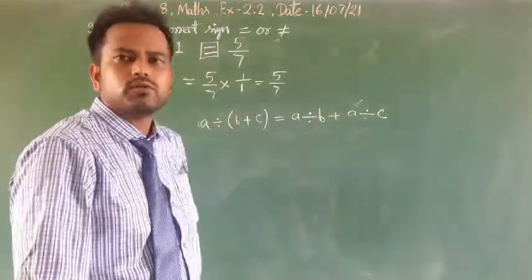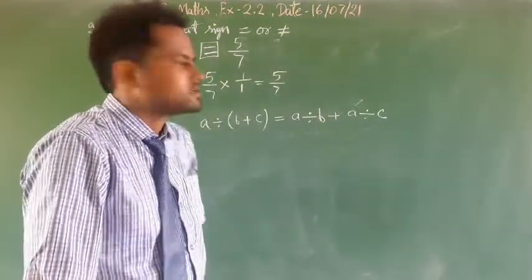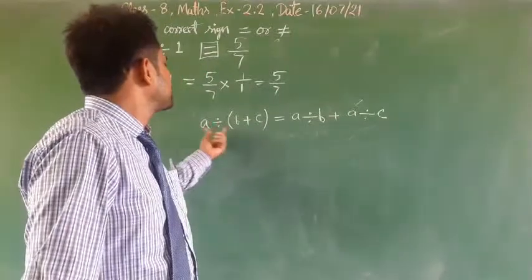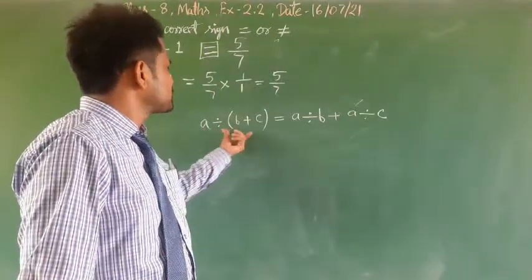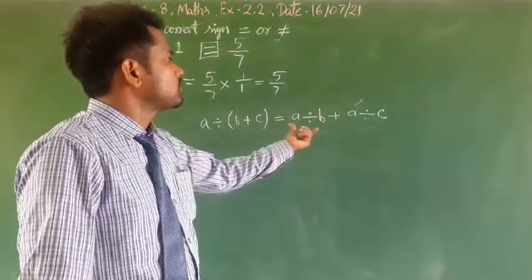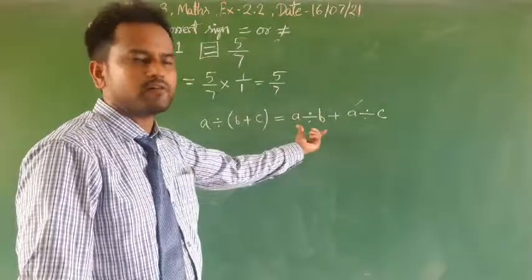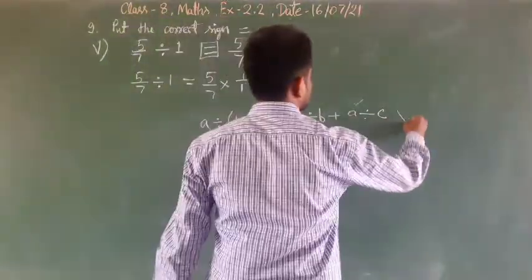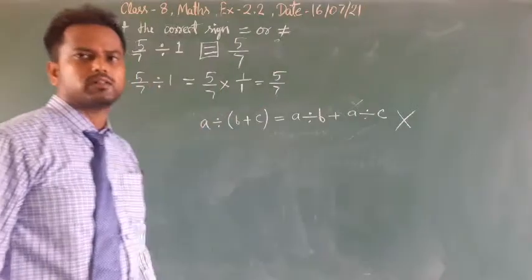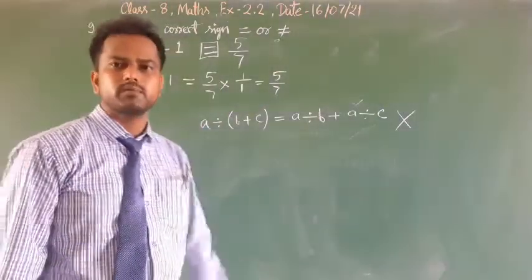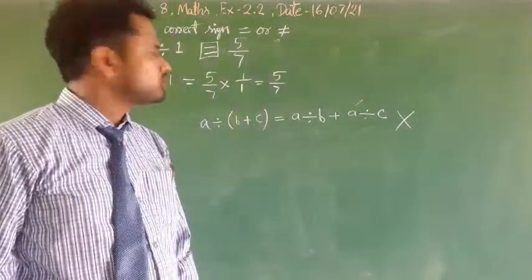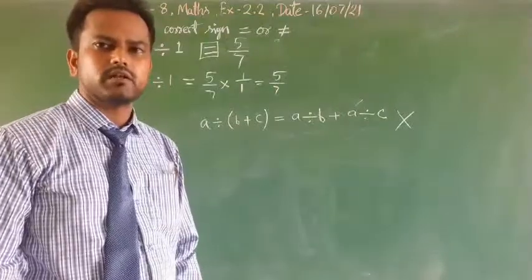Associative property do not hold in division. So here it is said that it holds good for division of rational numbers. That is false. It is not possible.